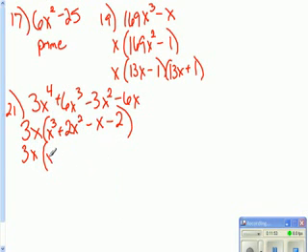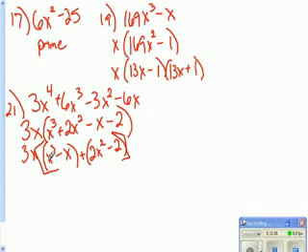So I would say I want to put my x to the third with my minus x. And I gotta put some brackets here. And then I want to do my 2x squared minus 2. Because that way, I know I can divide an x out of here, and I can divide a 2 out of there.